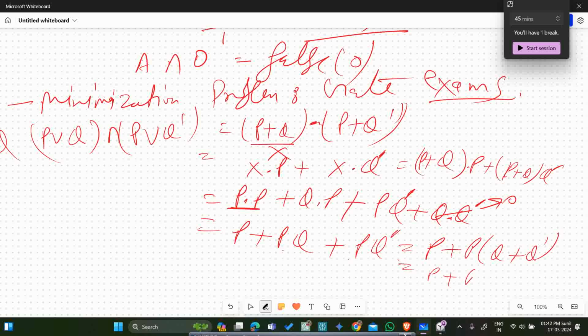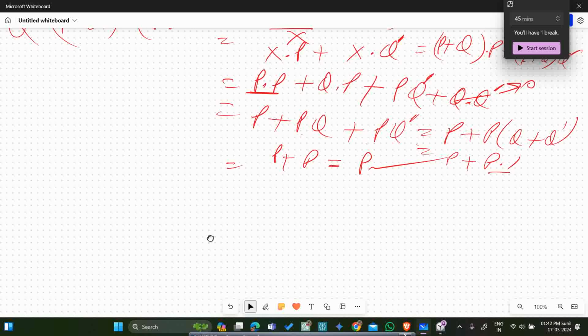This will become P dot 1, right? And this is identity law. Here it will become P only. Identity law. P plus P, this is what? Idempotent law, P only. So this is the final minimized version of that, right? Yeah. There could be different ways to do this, but the final answer should be unique.